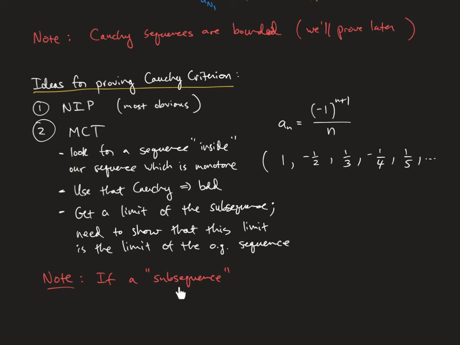So this is sort of motivation for this idea of a subsequence. What we're going to show is that if a subsequence, once we define that, of a Cauchy sequence converges to a limit L, then so does the original sequence.